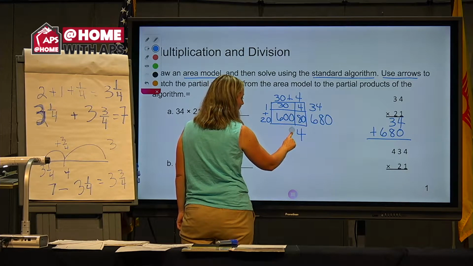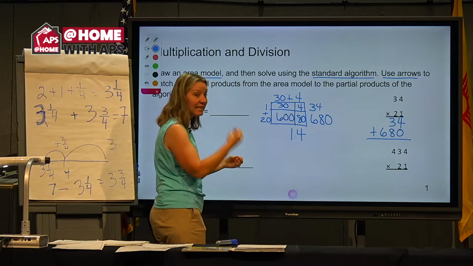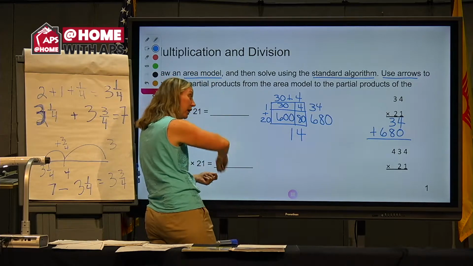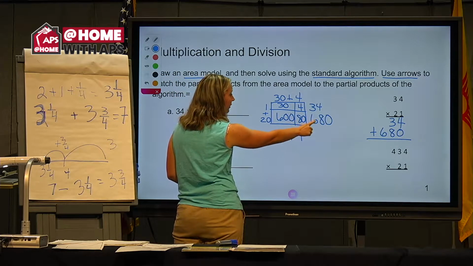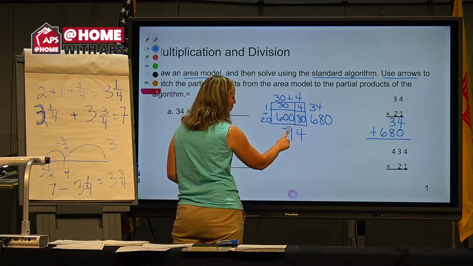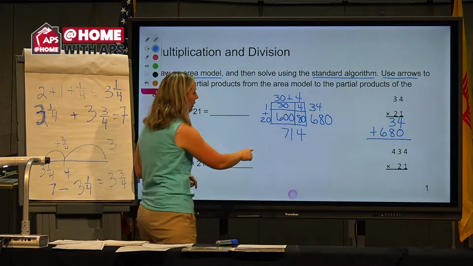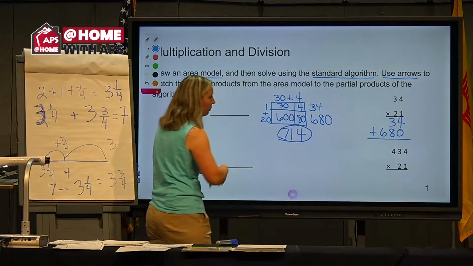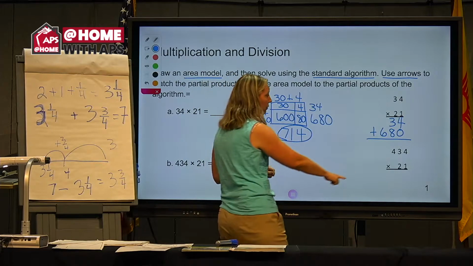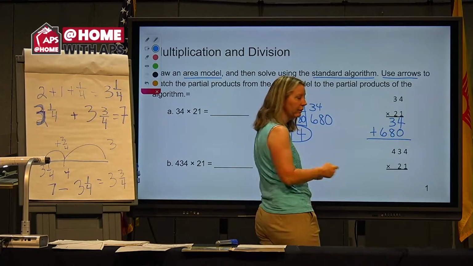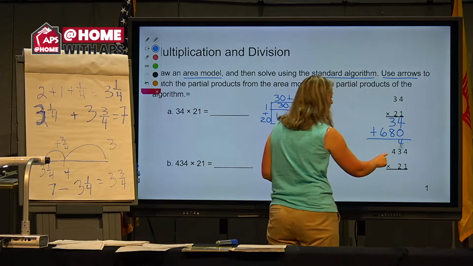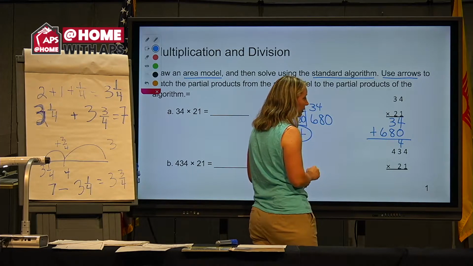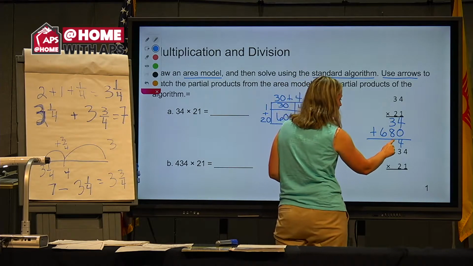So I have my 10, and then I take my 10 tens and move it over to my hundreds, which is 6, and I add one more. So I'm saying the answer to this is 714. Let's double check. Let's see what we got over here. 4 plus 0 is 4. 8 plus 3 is 11.